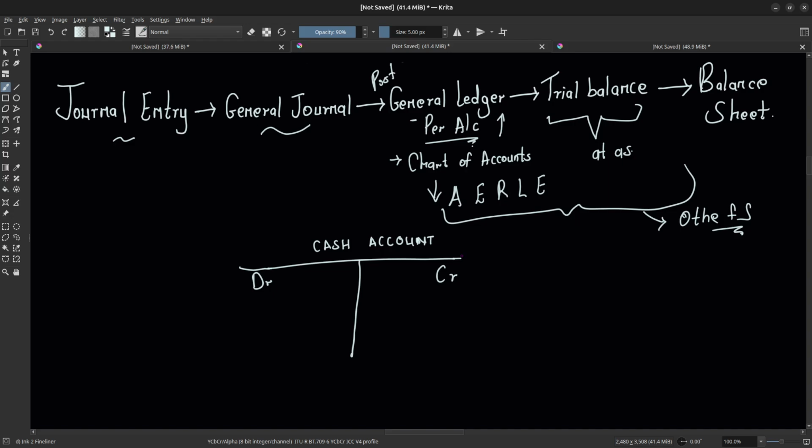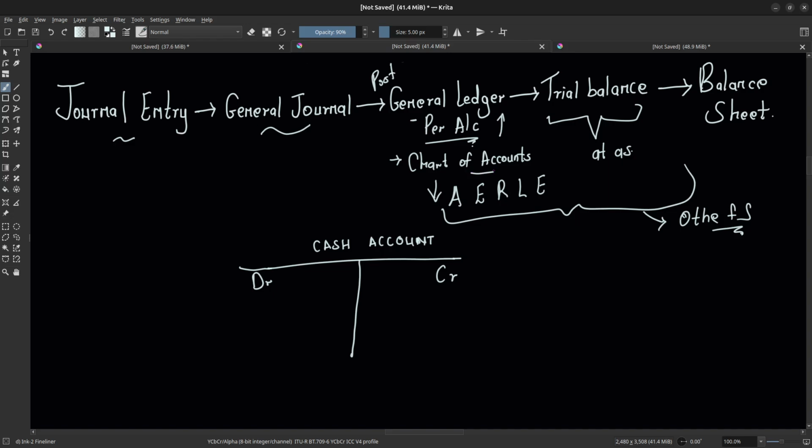Right now this whole process, from the journal entry to the general journal, the general ledger and the trial balance, is automated. When you pass a journal entry, most systems are linked to post to the general journal and record it in the general ledger, because the system has already been linked to the specific chart of accounts.